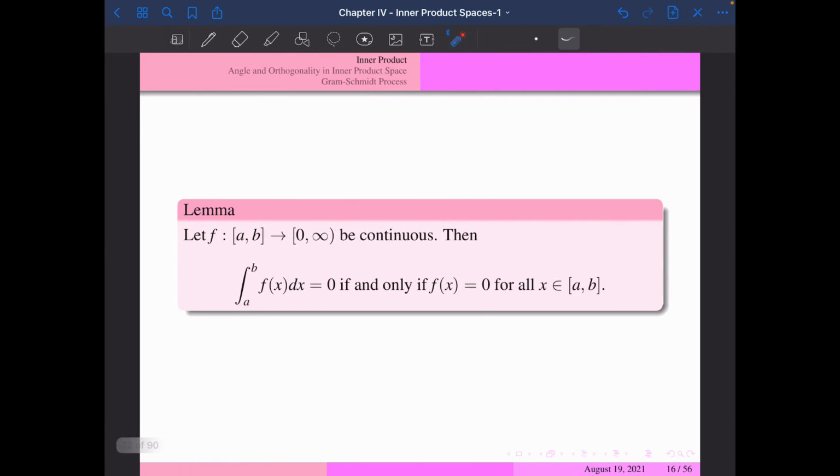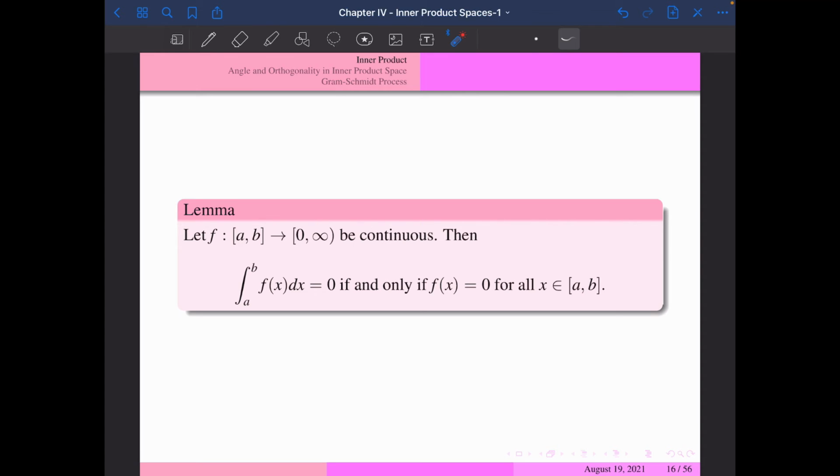This lemma is that if we have a function on the closed interval [a, b], and this function is a positive function, where positive means the value of this function is greater than or equal to 0, then the integral of f(x) from a to b is equal to 0 if and only if f(x) is the zero function.